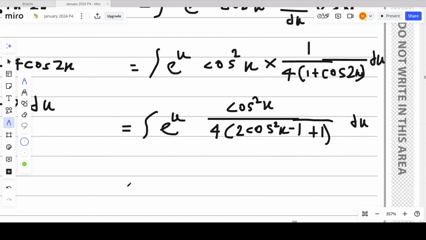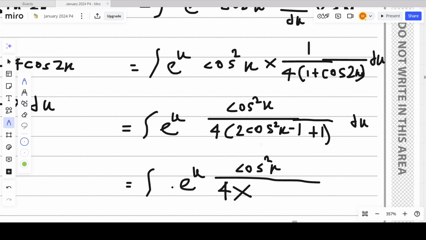Okay. Now what we can do? Integration e to the power u. Now look, cos squared x at the numerator, and at the denominator it is 4 times 2 cos squared x, du.